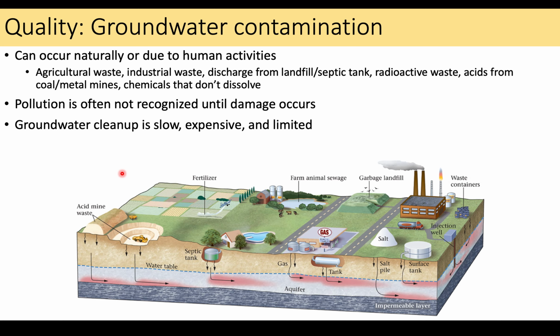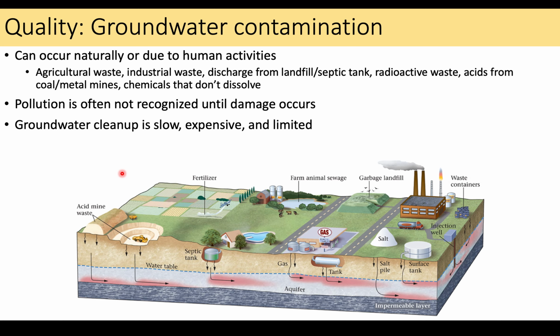With quality, we can think about groundwater contamination. So contaminating that water beneath the water table in our groundwater aquifer. This can happen naturally, but it also can definitely happen due to human activities.